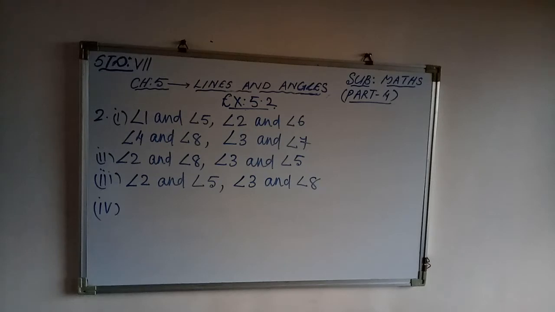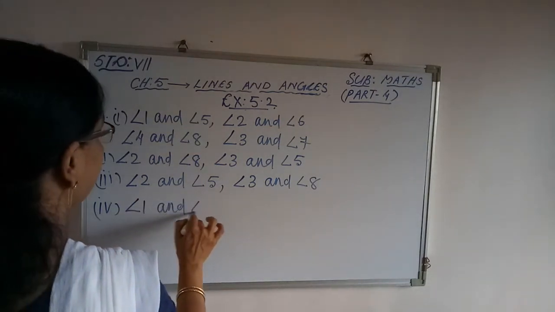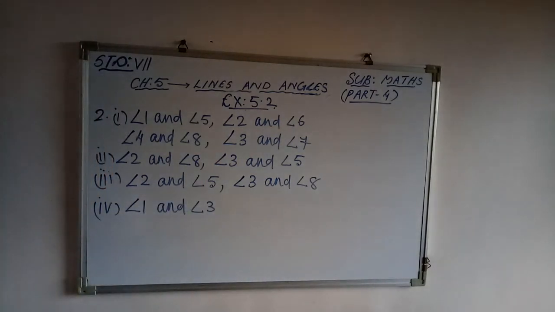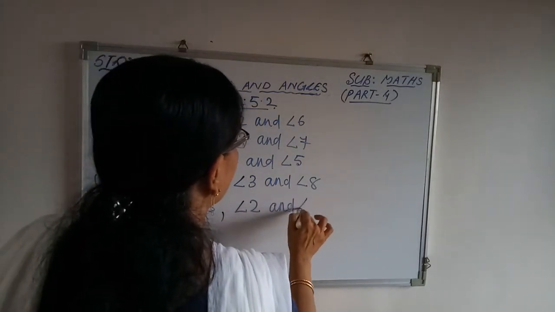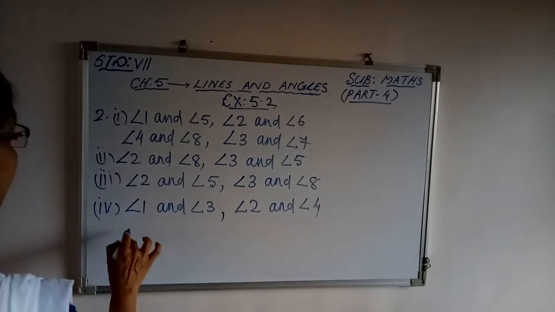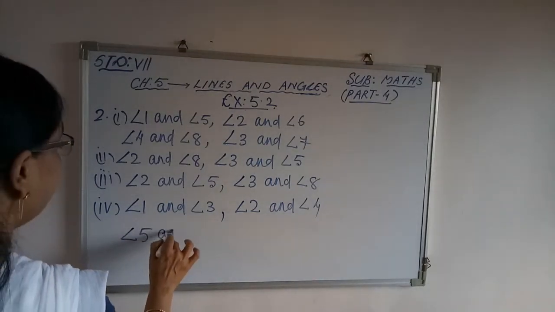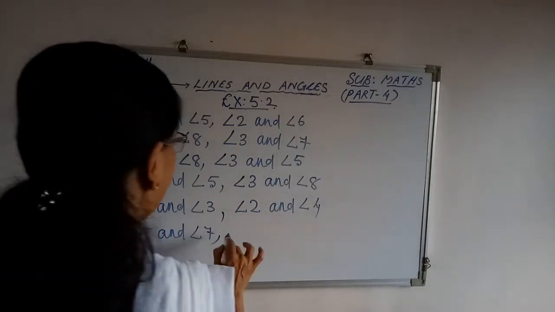Which are the vertically opposite angles? That is angle 1 and angle 3, they are vertically opposite. In the same way angle 2 and angle 4, then with the second line, angle 5 and angle 7, angle 6 and angle 8.